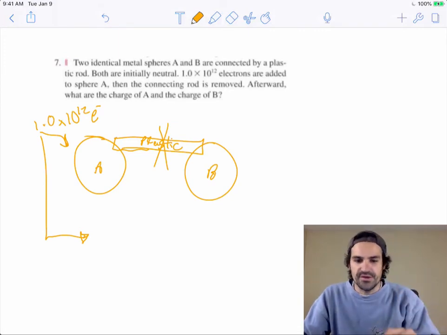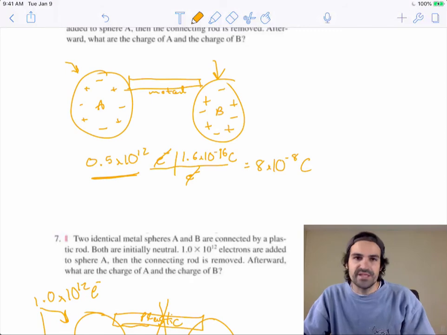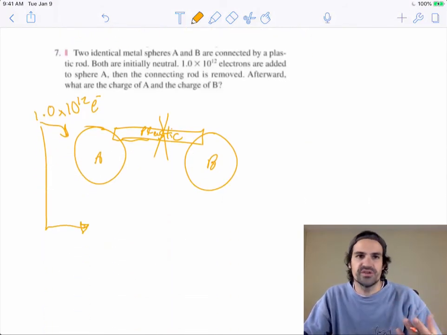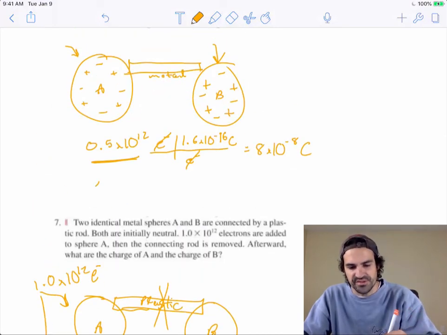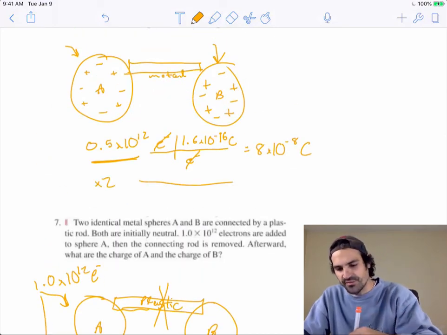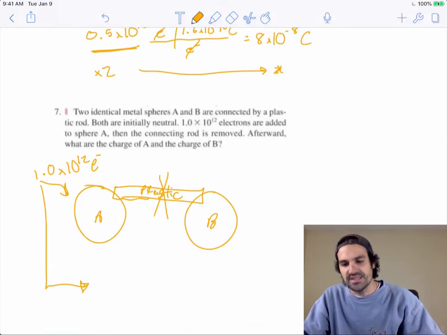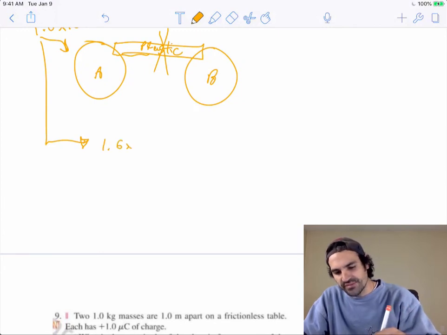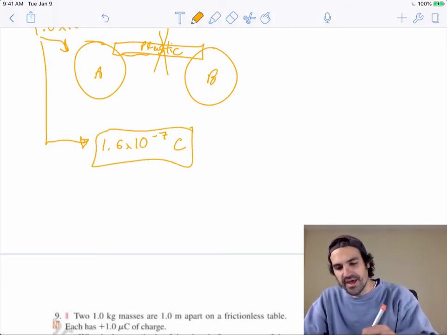So I know from number 6, it's just going to be twice as many. So you could do the same calculation before and plug in 1 times 10 to the 12th, or you could realize that just multiplying this by 2 is going to end up multiplying our answer by 2. So you're going to get 16 times 10 to the negative 8th, or 1.6 times 10 to the negative 7th coulombs on A.